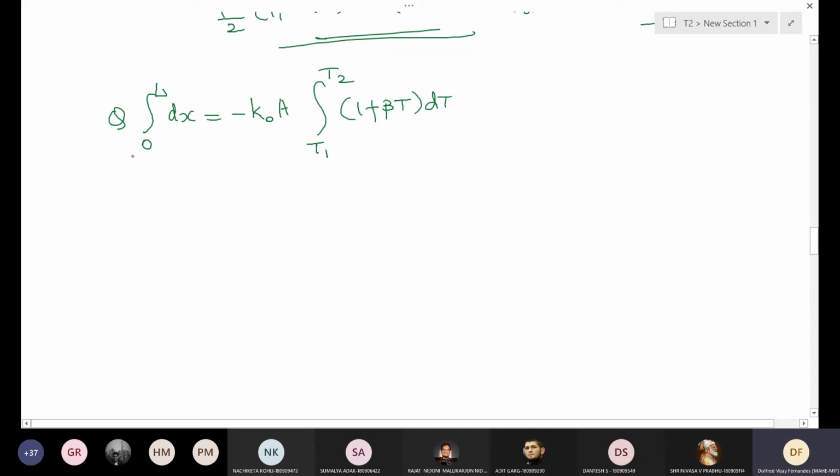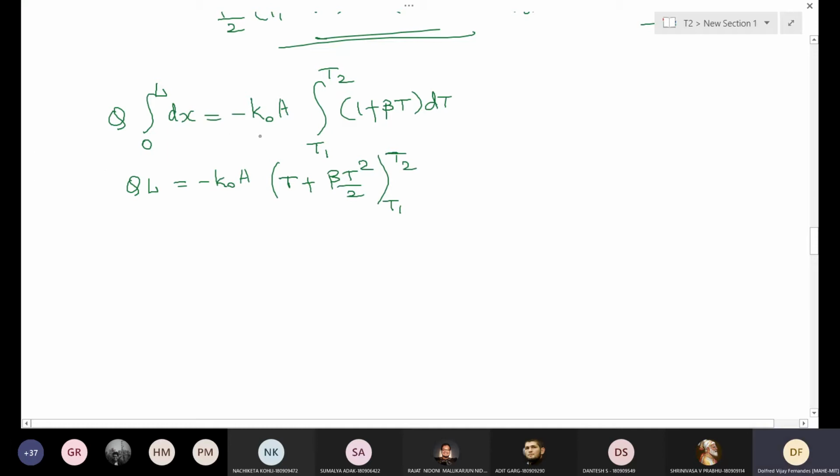So when you integrate this and apply the limits, you will get Q into L equal to minus K0 A, and here we get T plus beta T squared by 2, apply the limits from T1 to T2.